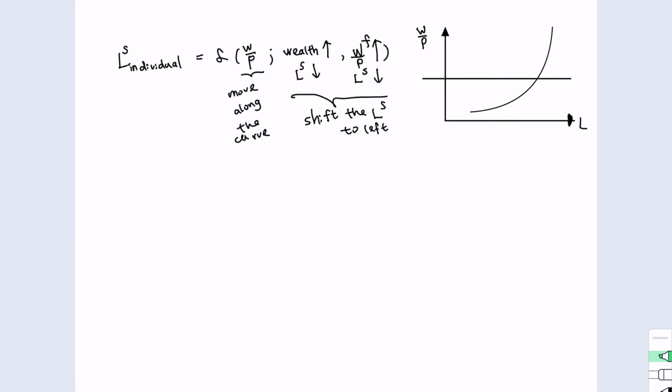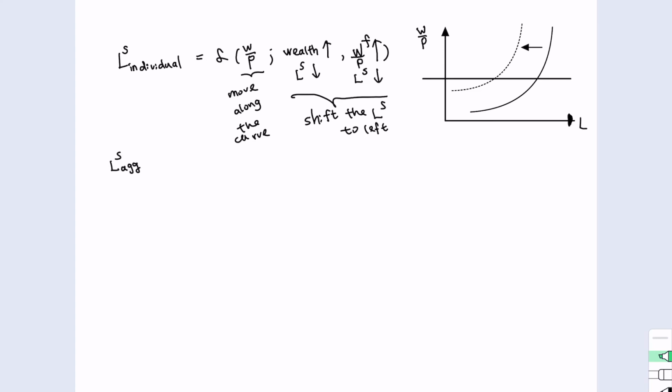But when there is a change in wealth or a future wage increase, it is about given the same level of the current wage, you choose to decrease the quantity of labor supplied at any level of the wages. Therefore, it causes the left shift of the labor supply curve. So that is about the factors that affect the labor supply for an individual.